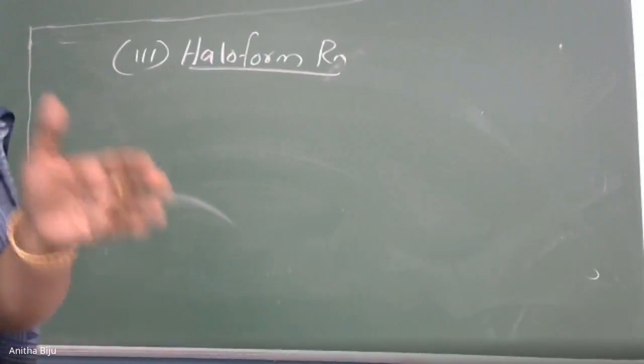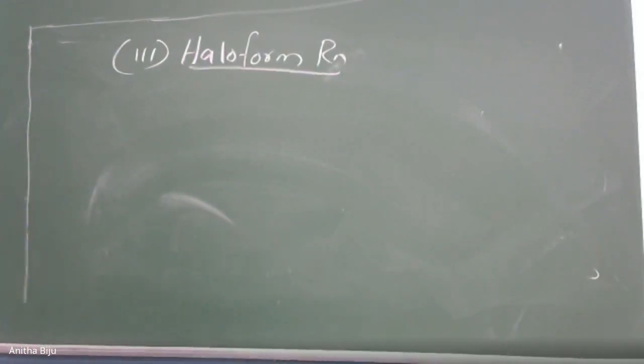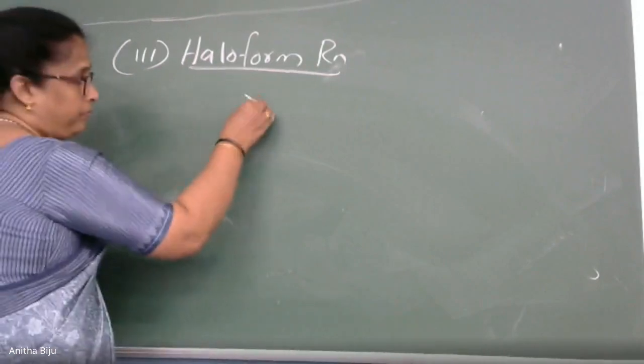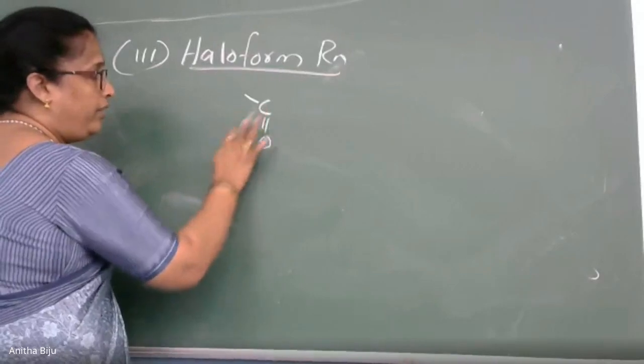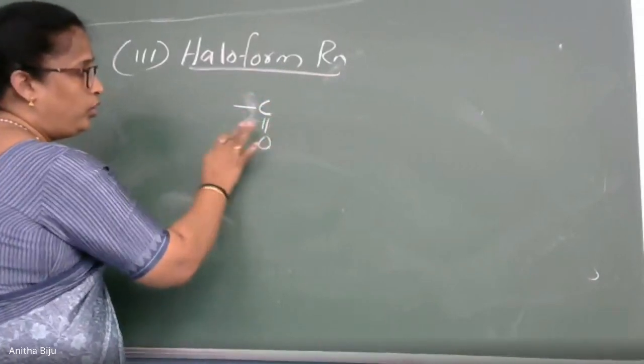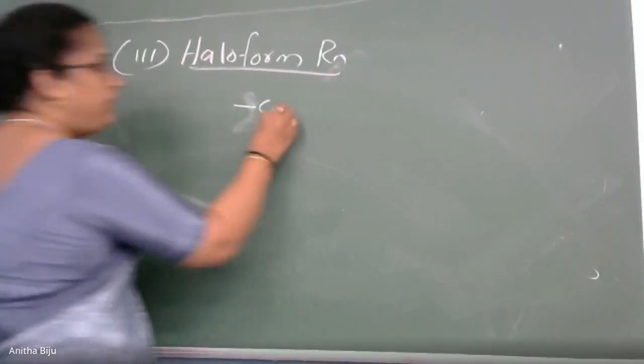Aldehyde, ketone or alcohol, with the keto-methyl group. What do you mean by keto-methyl group? C double bond O is called the keto group. Methyl means what?